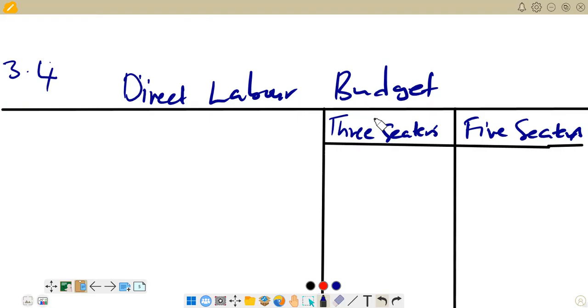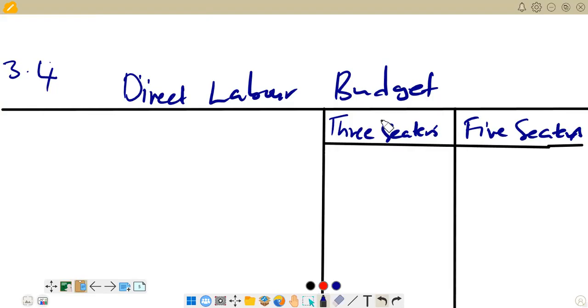Total hours is units to be produced times direct labor hours per unit. Then we check the cost per labor hour and multiply by the total hours. Then we get our answer, the total direct labor cost.